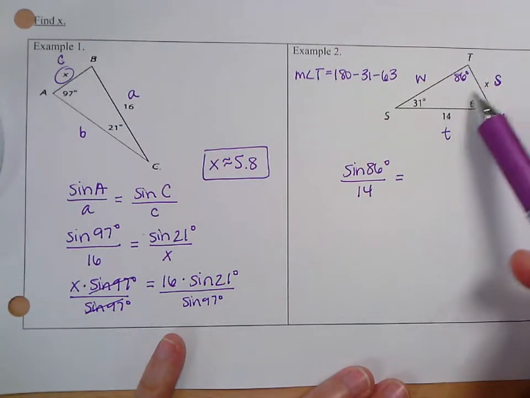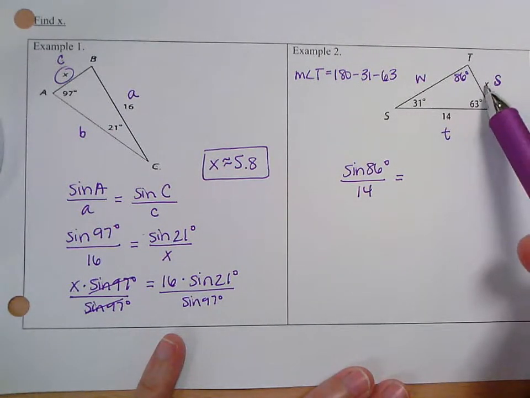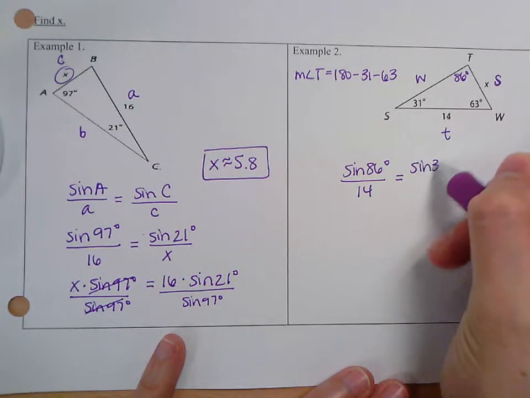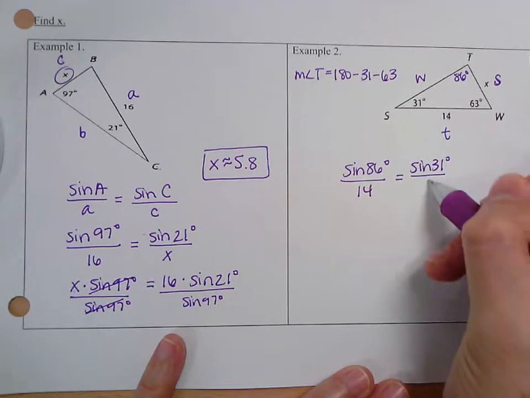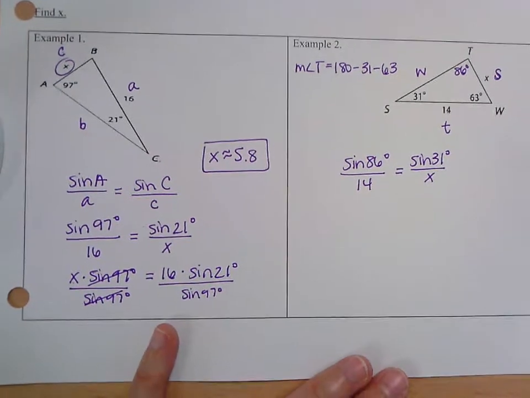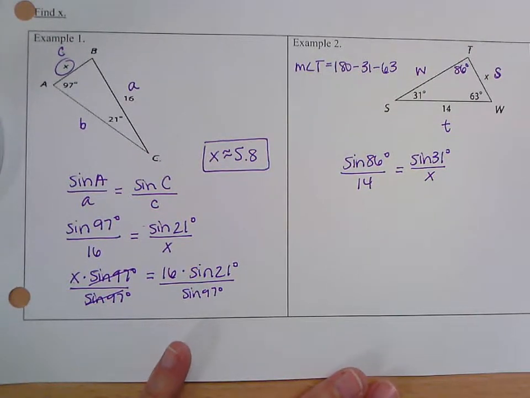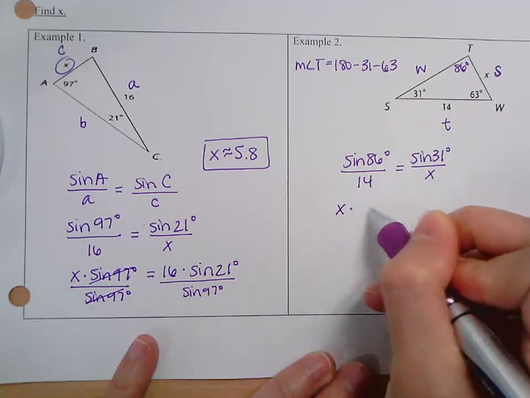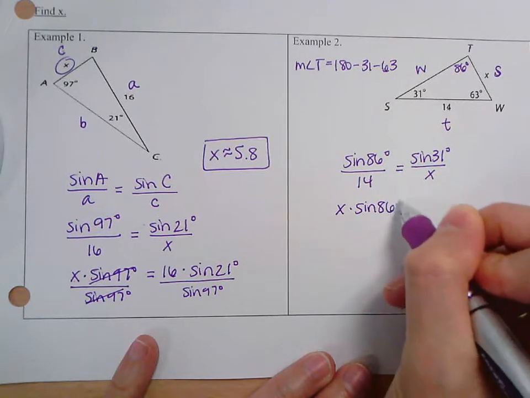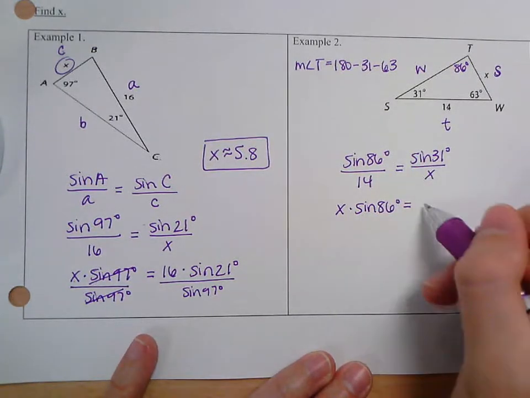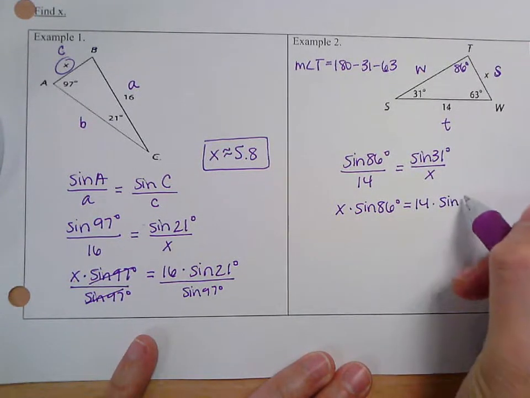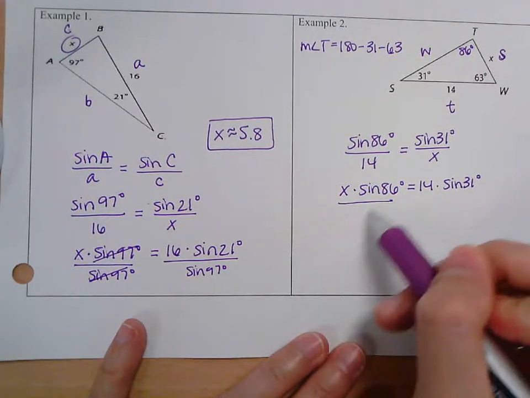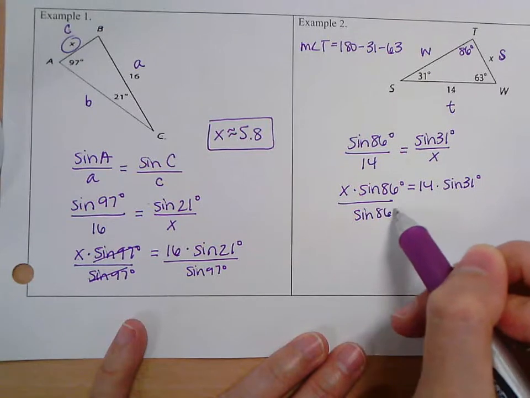Okay, and then I need the ratio for the side I'm looking for, which is side S. So then I would have sine of 31 degrees, because that's angle S, over side S, which I can label as X. And then I solve the proportion. So set the cross products equal, so X times sine of 86 degrees is equal to 14 times sine of 31 degrees. Solve for X, I need to divide by sine of 86.